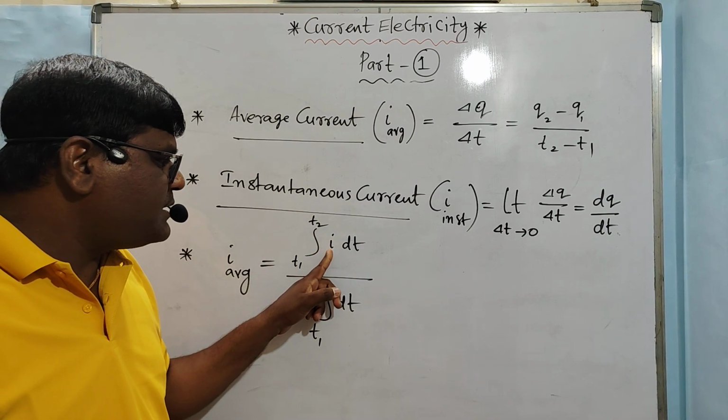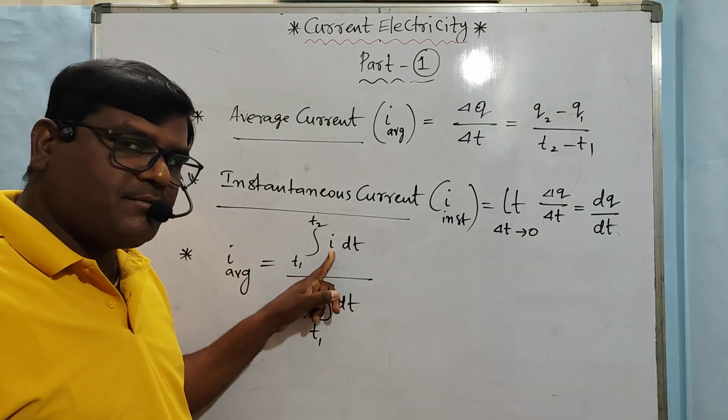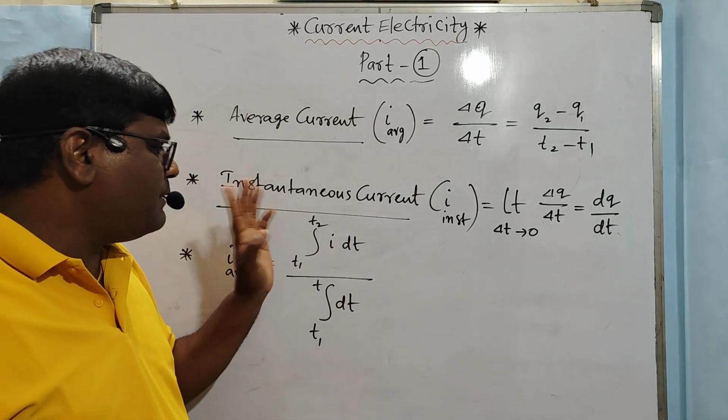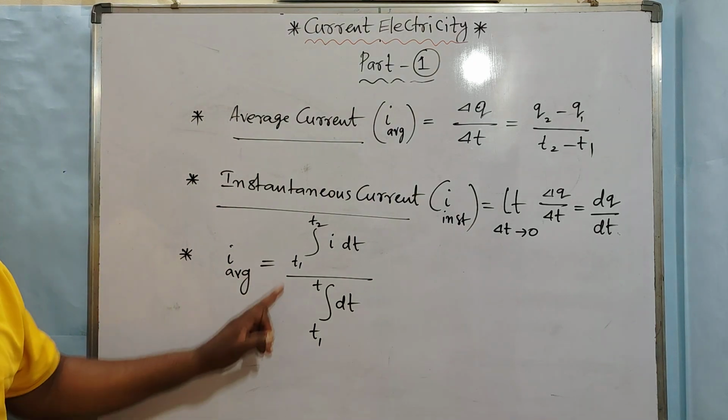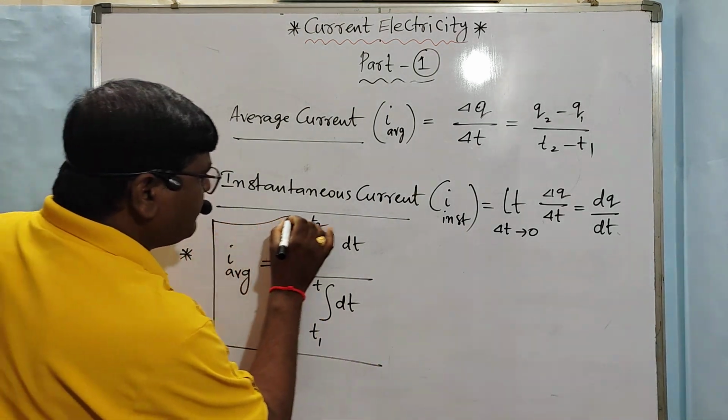So the current is given in terms of time, and if you integrate the current in terms of time with limits from T1 to T2 seconds, this is another formula to find the average current.